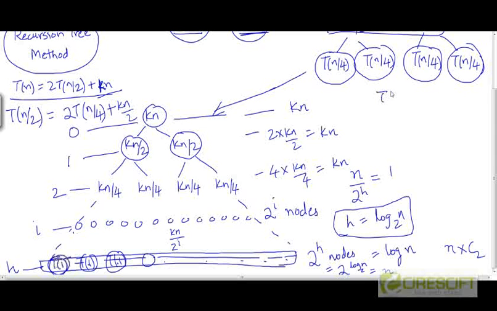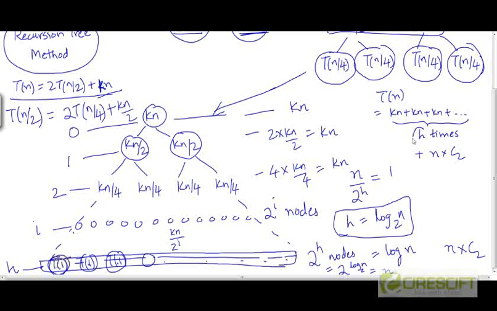So T of n is going to be kn plus kn plus kn. How many times? From level 0 to level h minus 1, so h times. And at the very last level, we're going to have a contribution of n times C2.